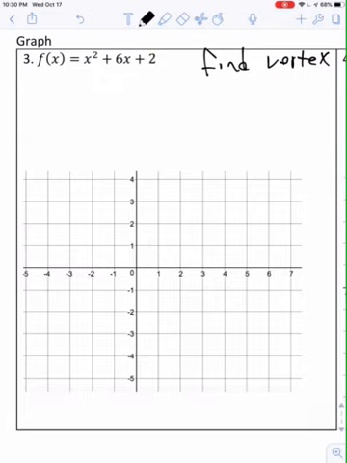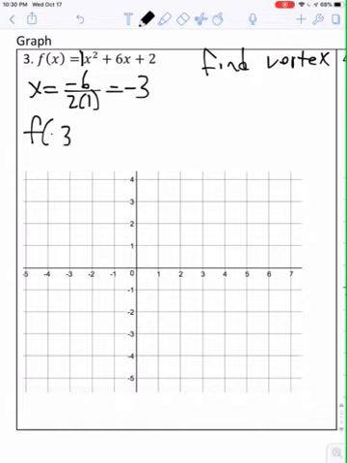So remember we said the x-coordinate is negative b over 2a. So negative 6 over 2 times 1, because this is a 1x squared. That's negative 3. So then the y-coordinate, I just find f of negative 3, and that's going to be the y of my vertex.